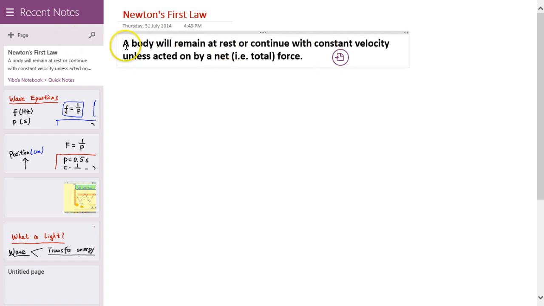I'm not asking you to memorize it, but at least put it on a piece of paper on your cheat sheet.